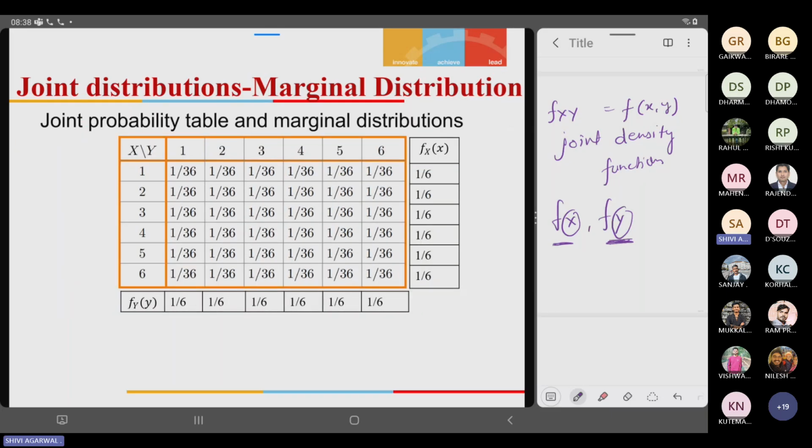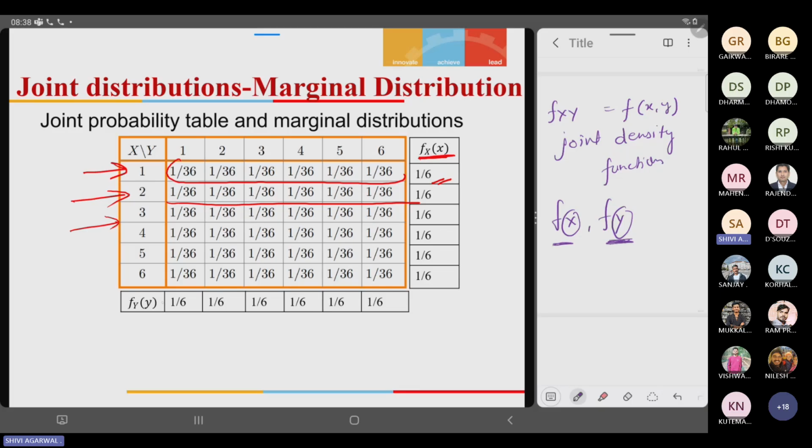So in this one, how can you calculate the marginal density function? We write fx here, and we take the row-wise addition: 1 by 36 up to 6 by 36. Similarly here, 6 by 36.